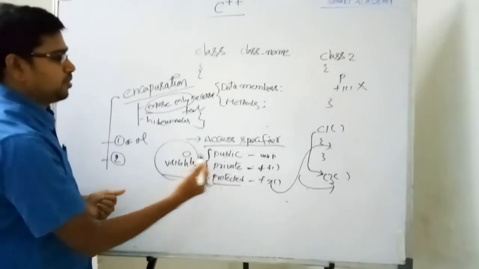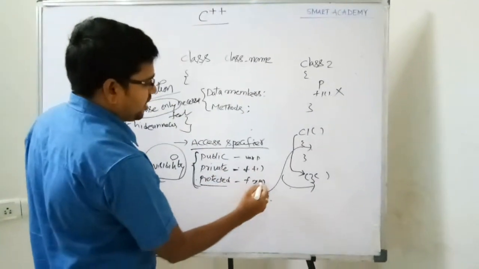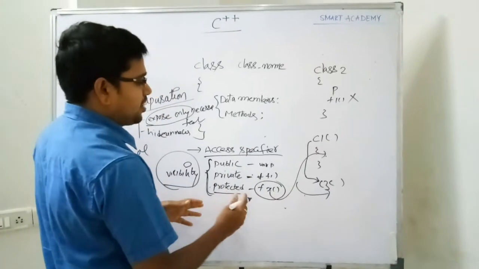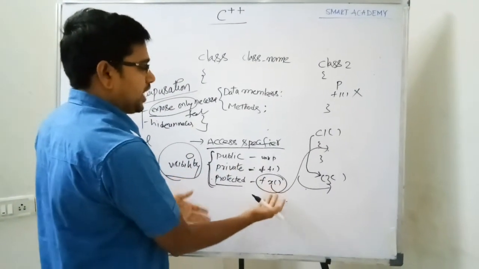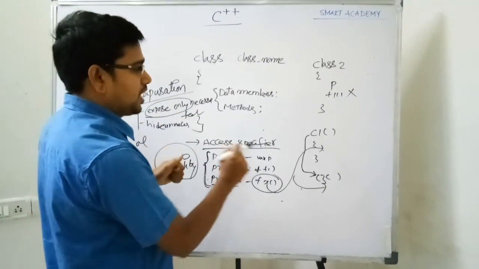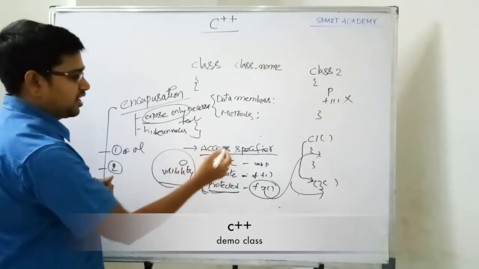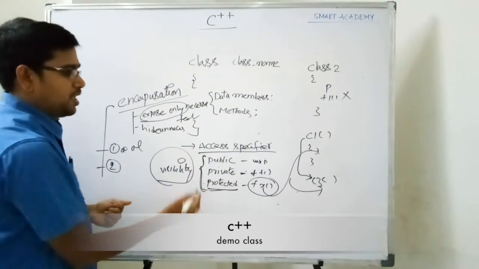Okay, so how can it be achieved? Let's say, as I just described, if I define function x and I don't want to expose function x to the other classes and I want to expose it only to the class which is derived from my class, then I can define that function as protected.